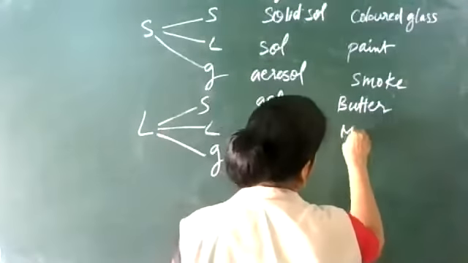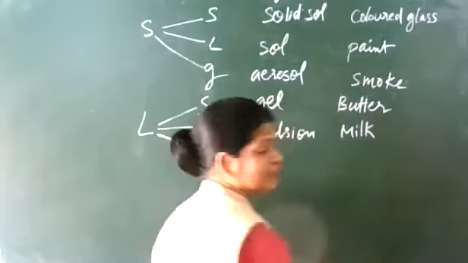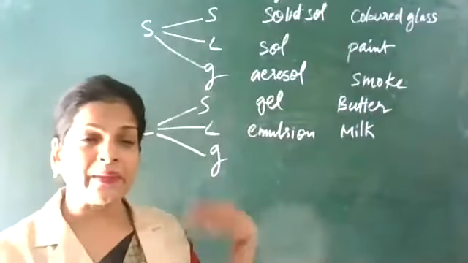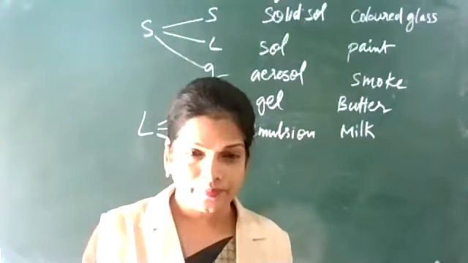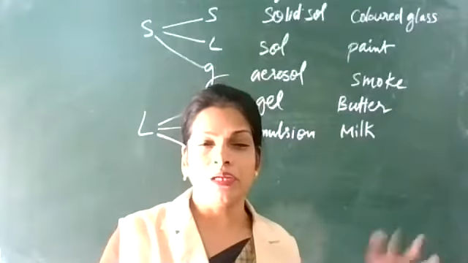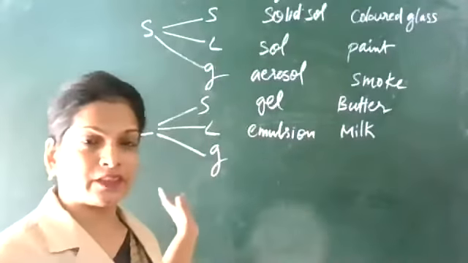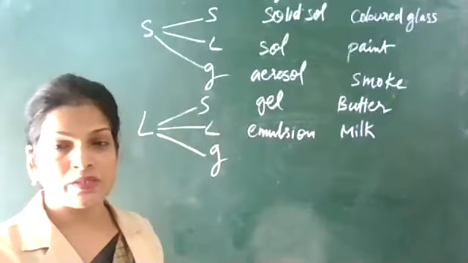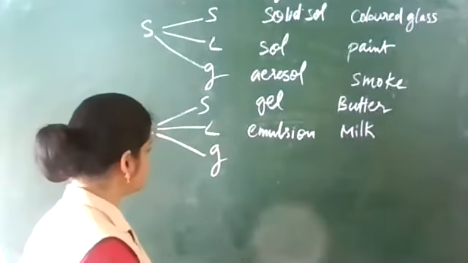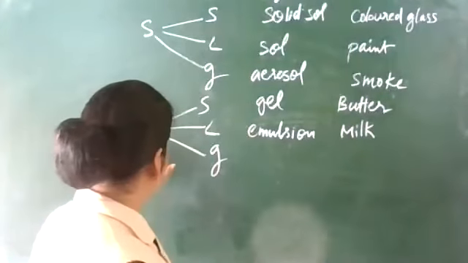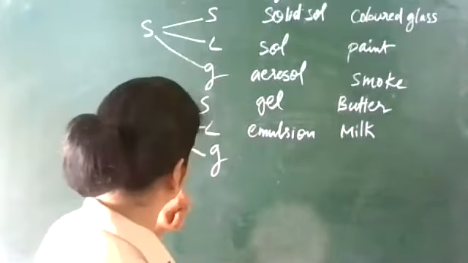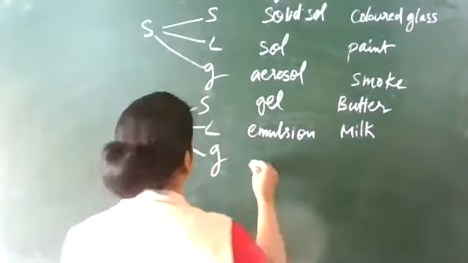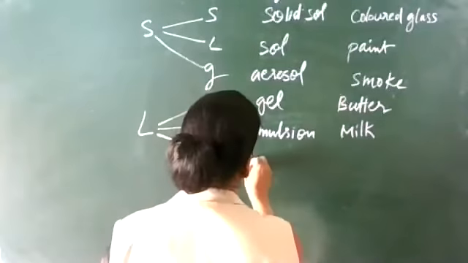Example, milk. Animal fat is dispersed in water. The dispersed phase is liquid, and the dispersion medium is also liquid. The category is called emulsion, and the example is milk. Liquid in gas is called aerosol.